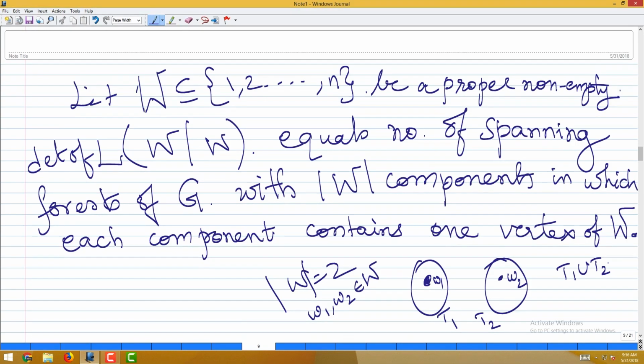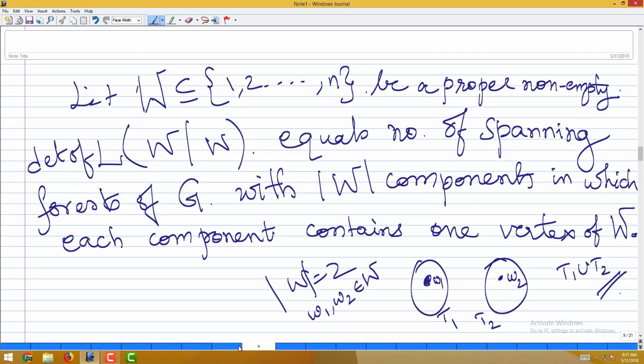And when W is a singleton, it gives you a tree instead of a forest. With one component you get a spanning tree, and obviously we do not bother about which vertex you are taking. So, this is another theorem which is also called the matrix forest theorem, a generalization of the matrix tree theorem.